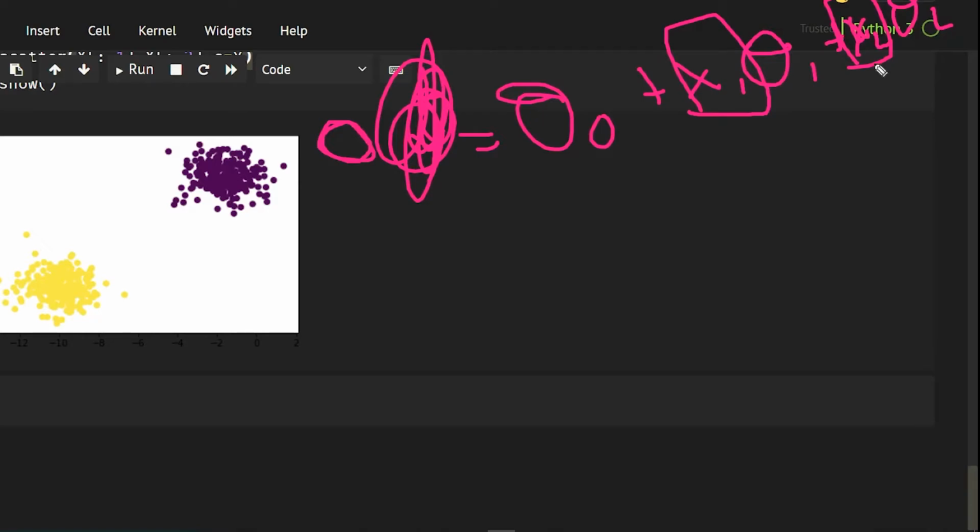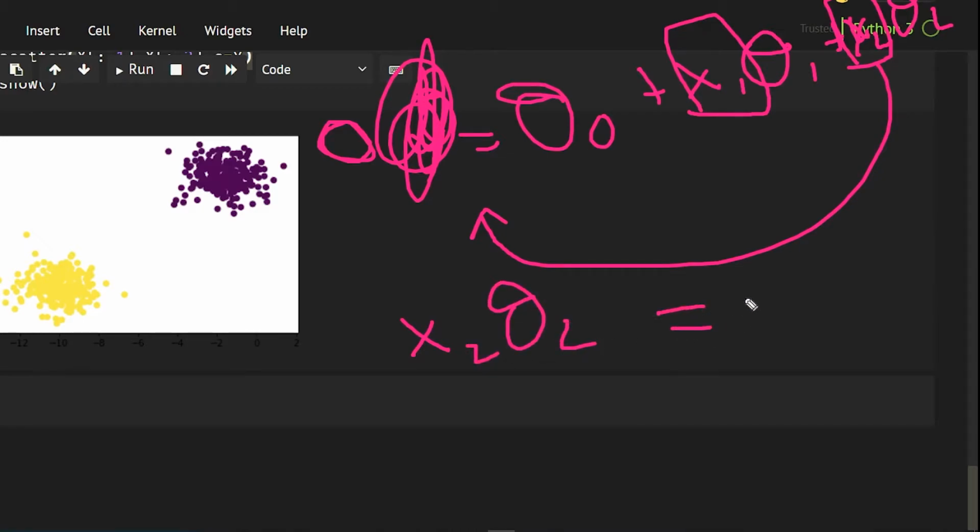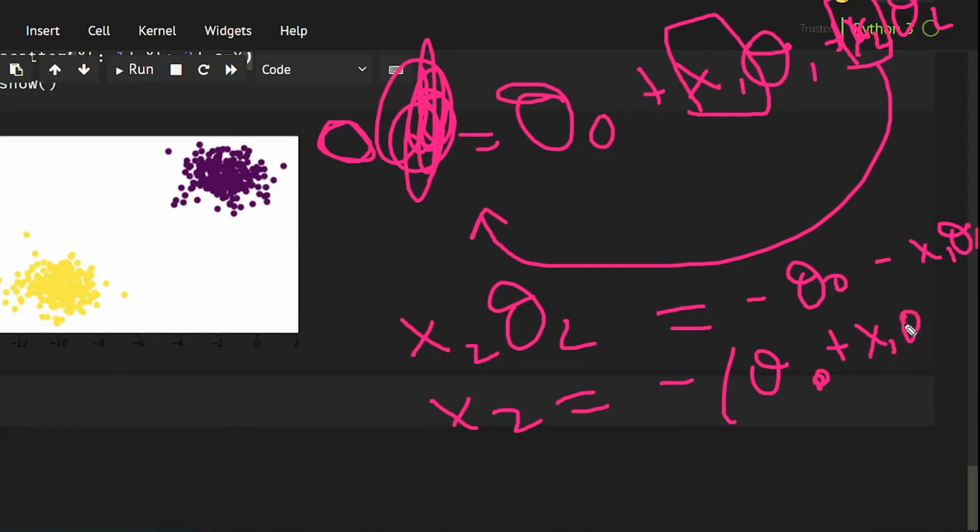So we move the terms to this side, and x2 theta 2 equals minus theta 0 minus x1 theta 1, and then we divide by theta 2. So x2 equals minus theta 0 minus x1 theta 1, divided by theta 2. We are going to use this formula to predict our values of x2.